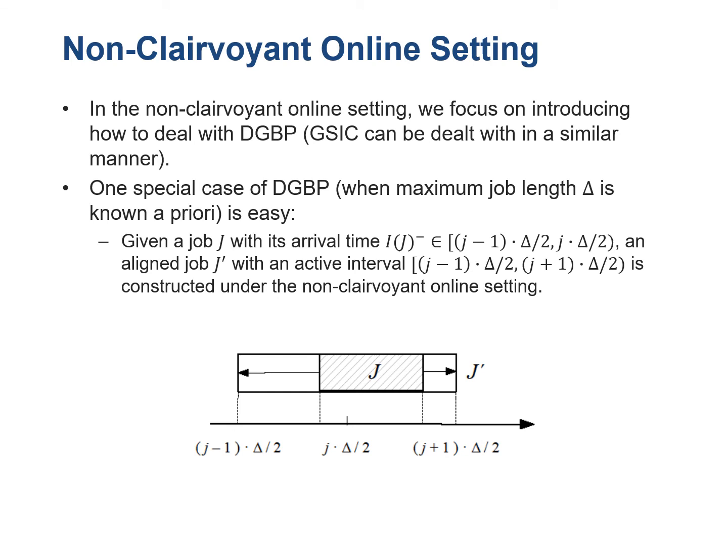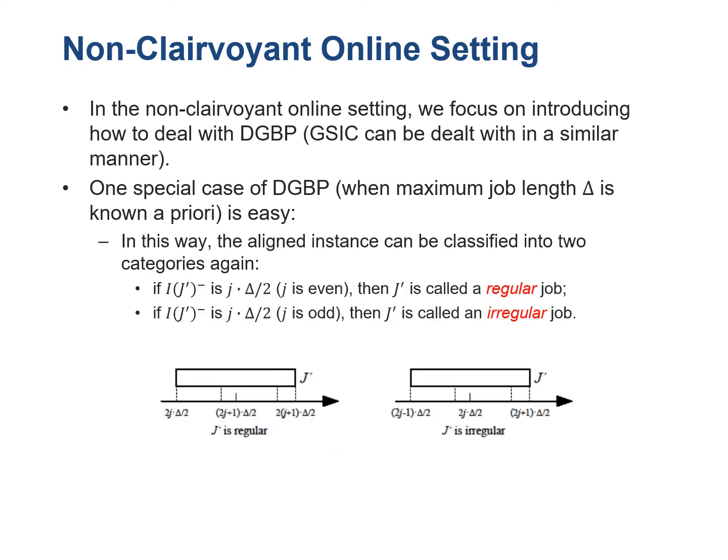Now we proceed to the non-clairvoyant online setting, and we focus on introducing how to deal with the dynamic geometric bin packing problem. It is easy to deal with a special case with the maximum job length delta known a priori before the online scheduling process, because for each job, we can directly construct and align the job with length 2 delta in such an online setting.